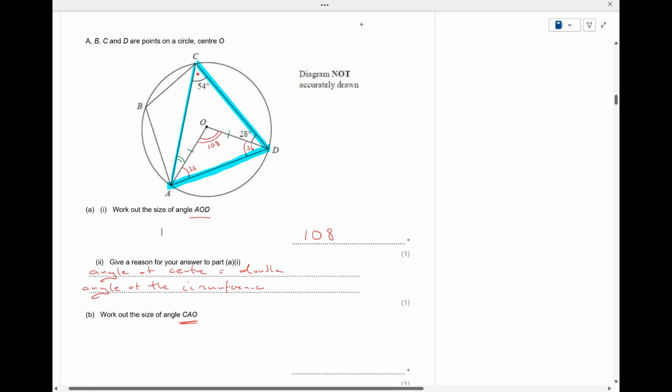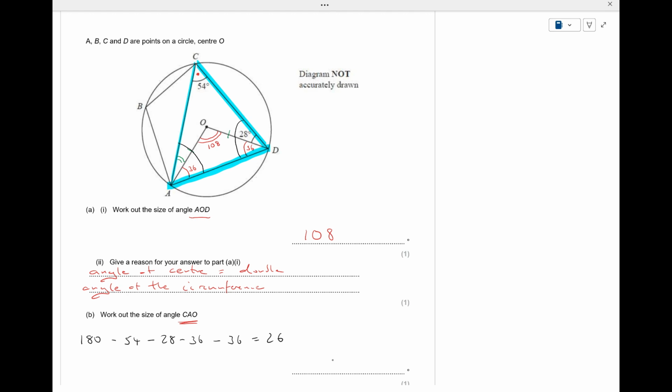So we know that we've got 180 minus the angle at the top, 54, minus this angle, which is 28, and then another 36, minus the 36, and the remainder must be my little green angle. So here we go. 180 minus 54 minus 28 minus 36 minus 36 gives me an answer of 26.